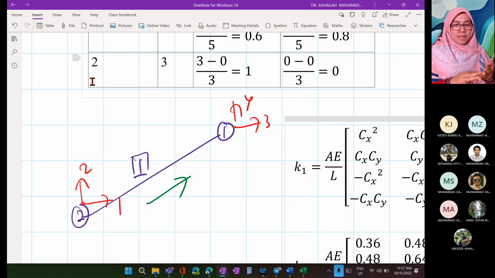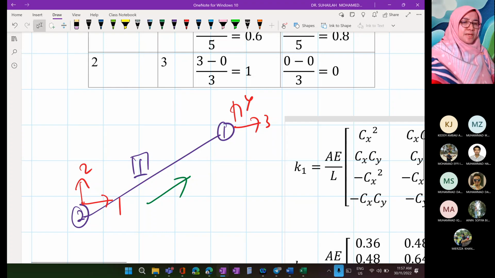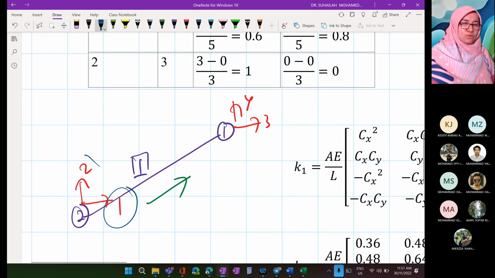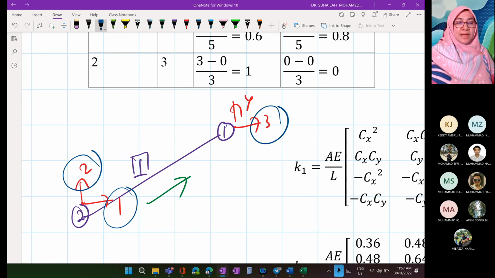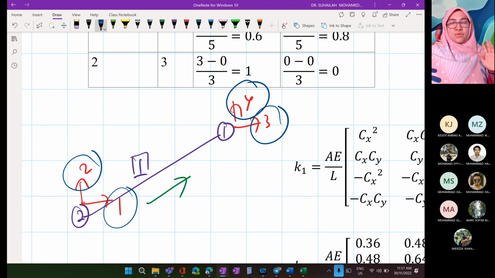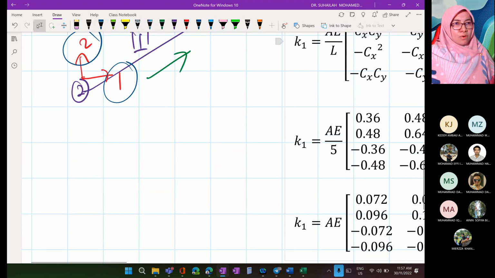So near is 1 and 2, the label for xy at the near node, and far 3 and 4. So it is 1, 2, 3, 4.